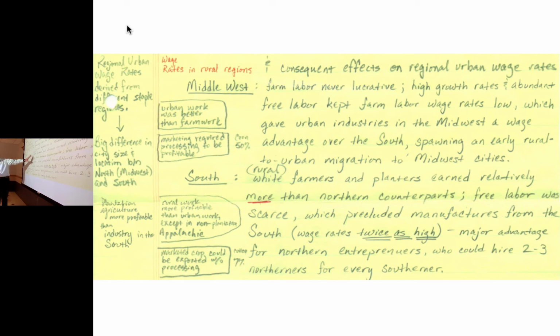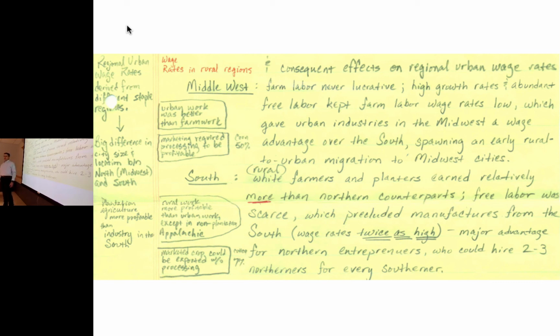In the South, on the other hand, you have a different situation. White farmers and planters earned relatively more than their northern counterparts. Okay, free labor was very scarce. It precluded manufacturers from the South for the most part. Wage rates in parts of the South were twice as high as up in the North. And Southerners were proud of that.